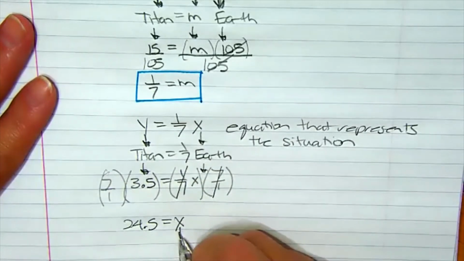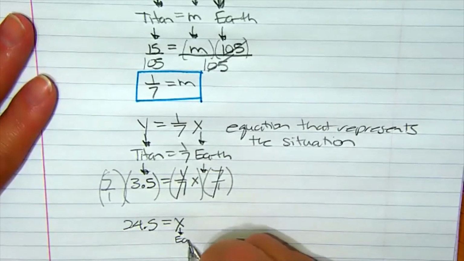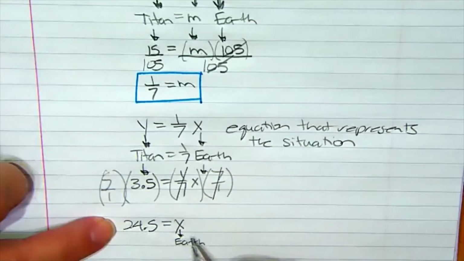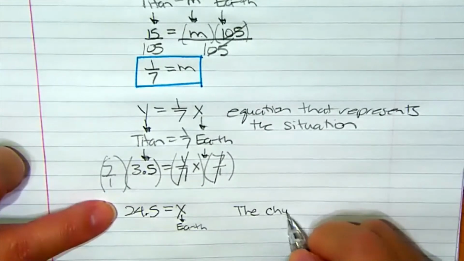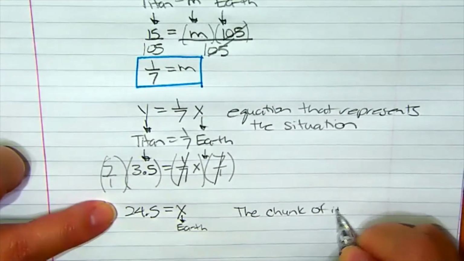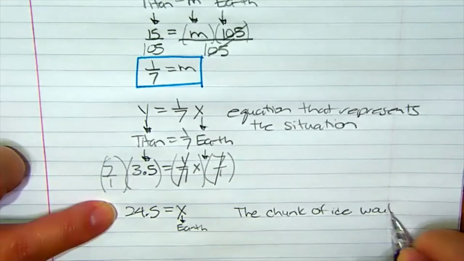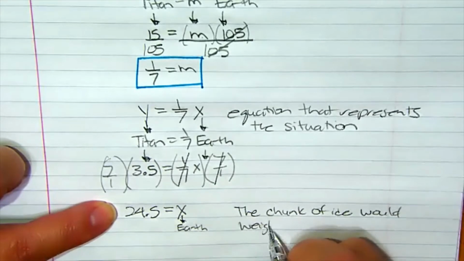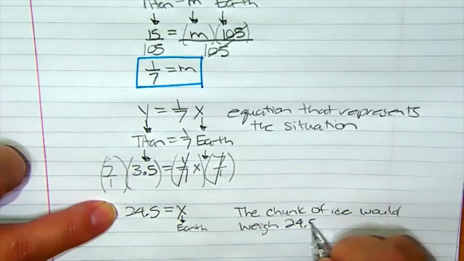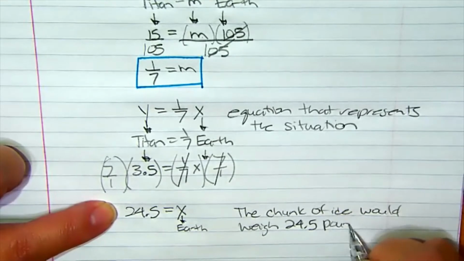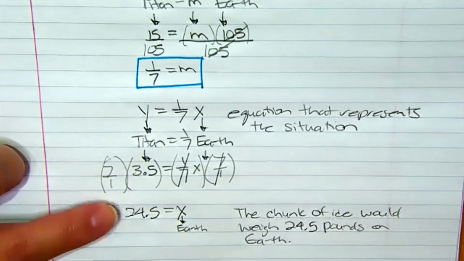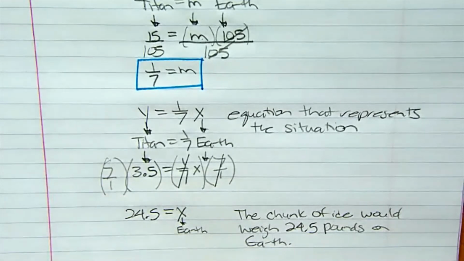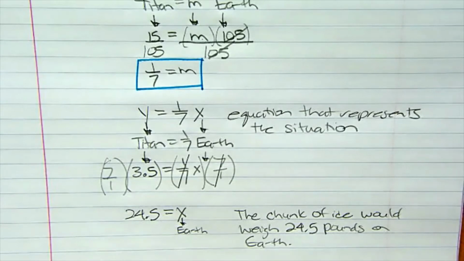And we said x was Earth. So this means the chunk of ice would weigh 24.5 pounds on Earth. That's what it means.